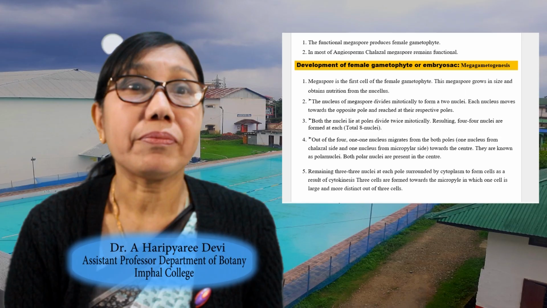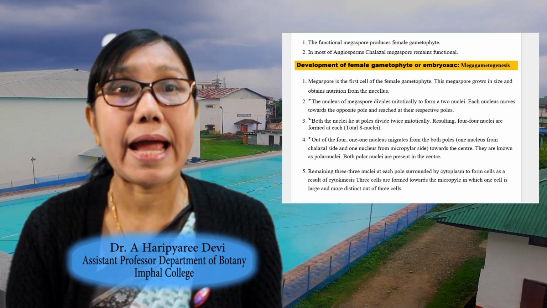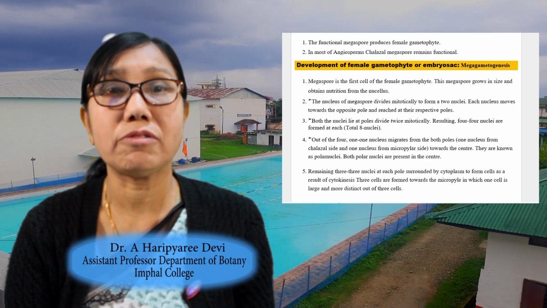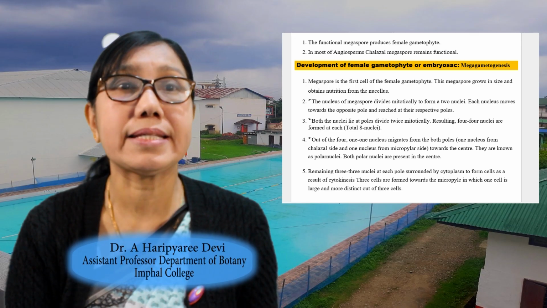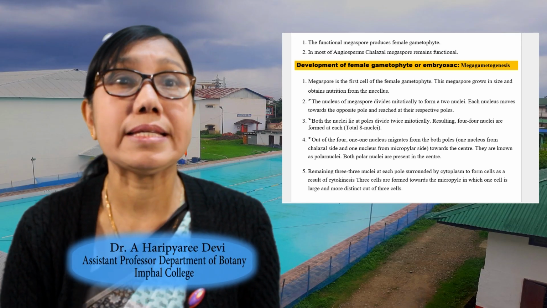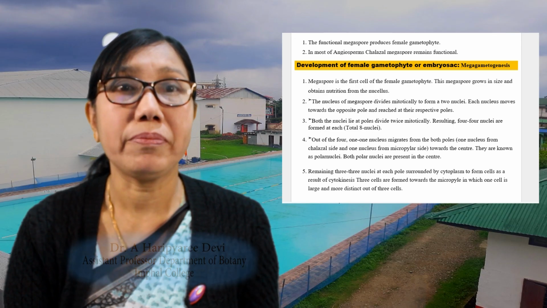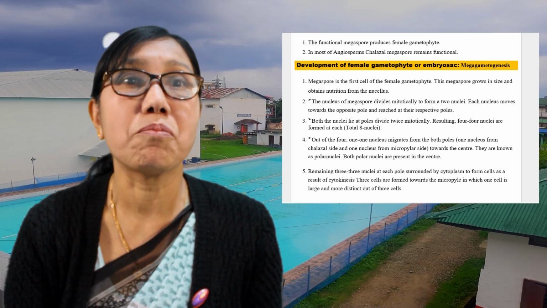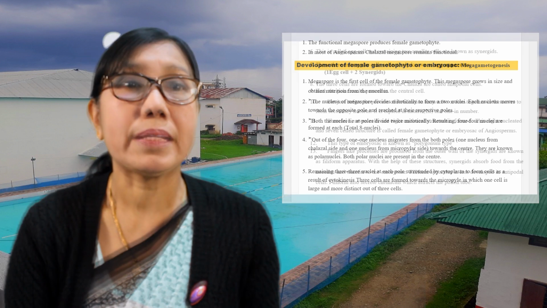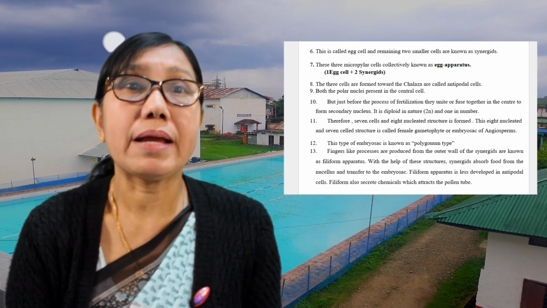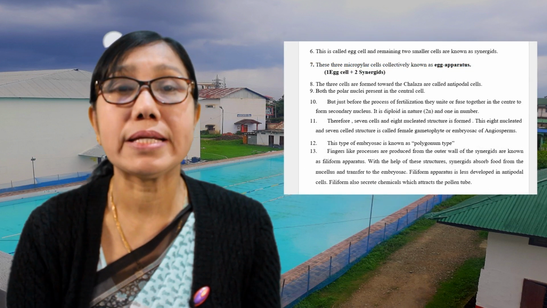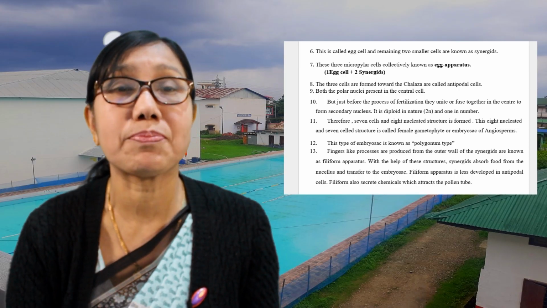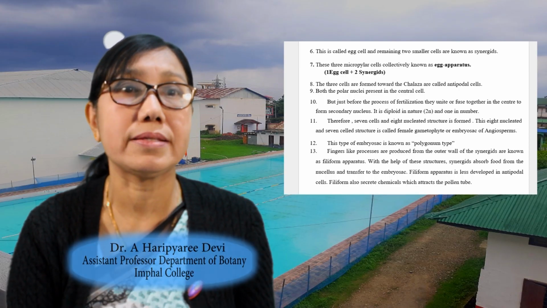What happens now? The remaining 3 nuclei at each pole are surrounded by cytoplasm to form cells as a result of cytokinesis. 3 cells are formed towards the micropyle, in which one cell is large and more distinct out of the 3 cells. This is called the egg cell. The remaining 2 smaller cells are known as the synergids. The egg cell is present in between the 2 synergids.